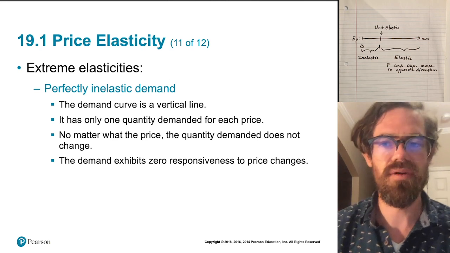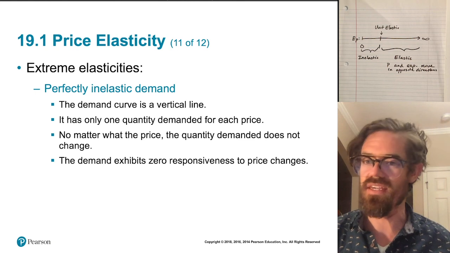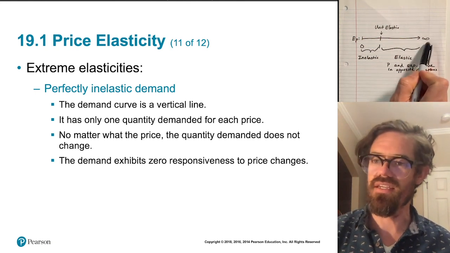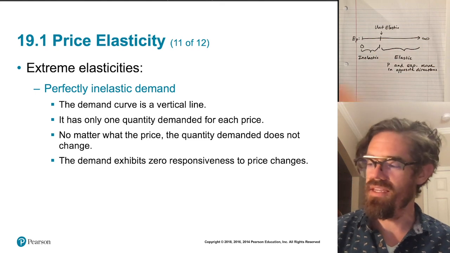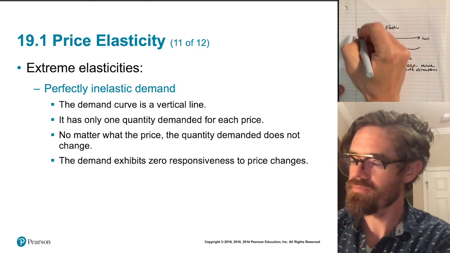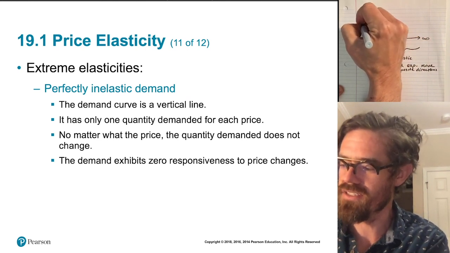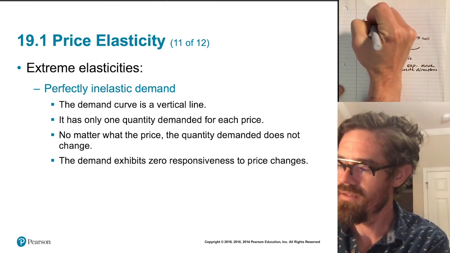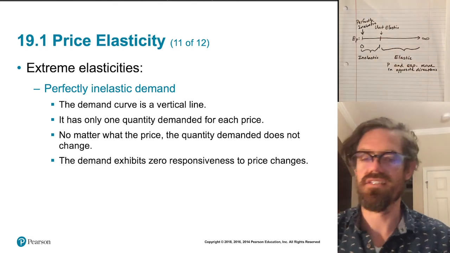Now, we also need to talk about the extreme ends, right? When EP is 0 and when EP is infinity. So when EP is 0, right, this extreme end, that's called perfectly inelastic. Perfectly inelastic demand, right?